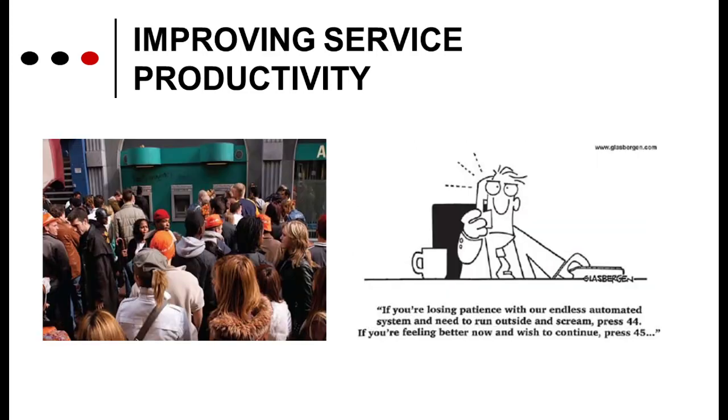Improving service productivity. An example, ATM. Improving waiting lines, or reducing the time spent in waiting lines, is one of the oldest problems of customer service quality improvement. On the customer side, you do not want people waiting either in a line, at a theater movie service, at an ATM, at a banking service, or on a call.